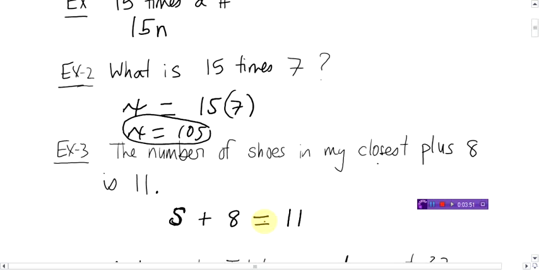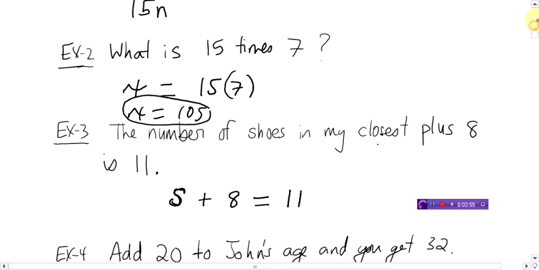I want to know how many shoes I actually have. Well, at this point, we can use algebra. s + 8 = 11. We want to get the letter by itself. What's bugging the letter? The plus 8. How do we get rid of plus 8? Minus 8. Do the same to the other side. These 8s go bye-bye. You're left with s = 3.